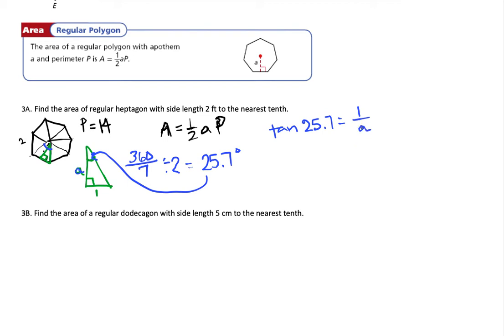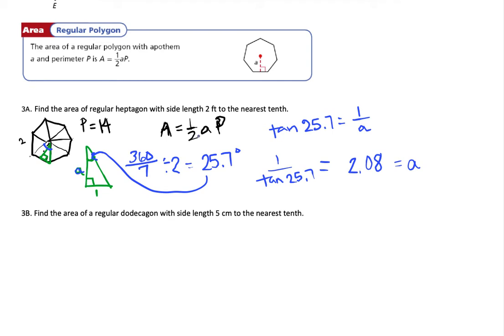Okay. So when I divide 1 divided by tangent 25.7, I get 2.08 about. Okay, so that's my apothem.